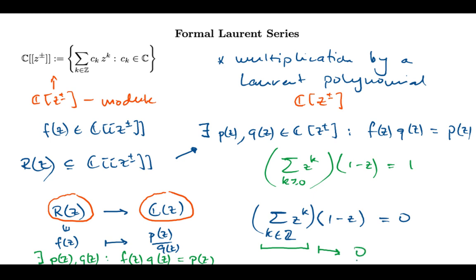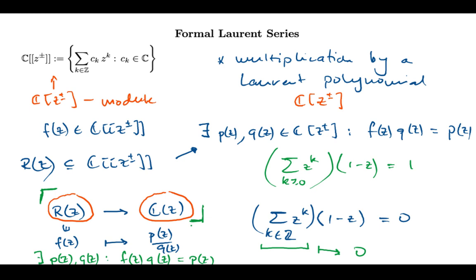So what this tells you is that my map over here is not injective, correct? I just showed you a formal Laurent series that maps to 0, but certainly the 0 series is a fine formal Laurent series that also gets mapped to 0.